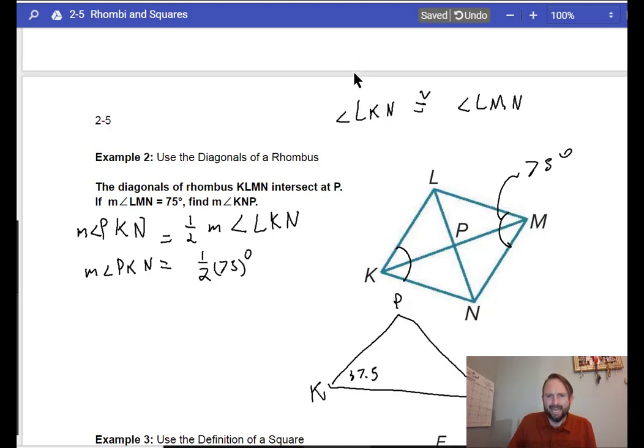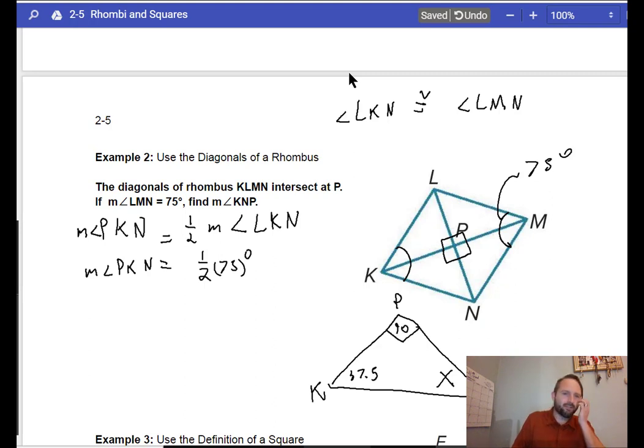I have PKN is 37.5. Well, I don't know what angle KNP is, so I'm going to put x. Now, when the diagonals bisect, they're going to make this perpendicular. So these are all perpendicular right here. So this is equal to 90 degrees.